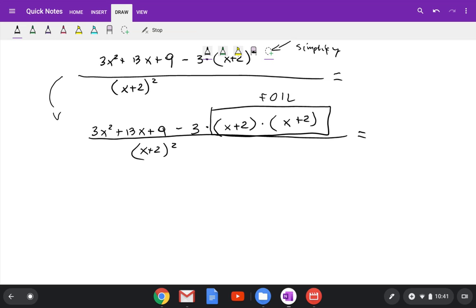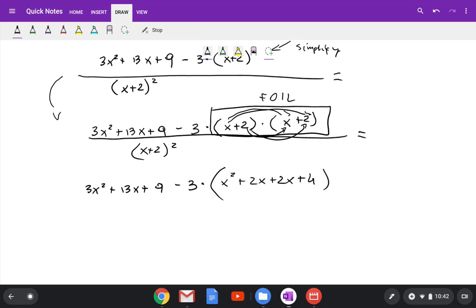Okay, so next, 3x squared plus 13x plus 9 minus 3. I open the parenthesis and I FOIL: x plus 2 times x plus 2. When you FOIL, you end up with x times x, which is x squared, x times 2, which is 2x, 2 times x, which is 2x, 2 times 2, which is 4. And copy our common denominator.